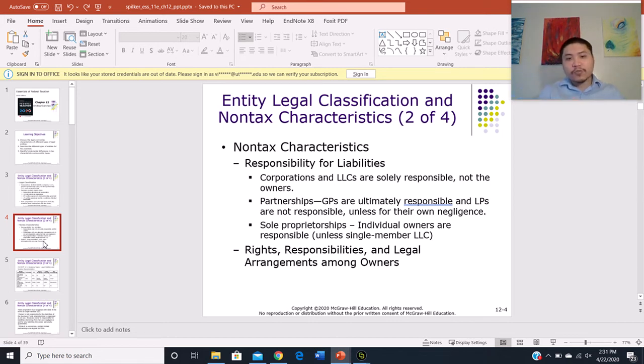And it's not just for LLCs, for partnerships as well. For LLCs and partnerships, the business owners can have more say in how the business is operated, is run, right?